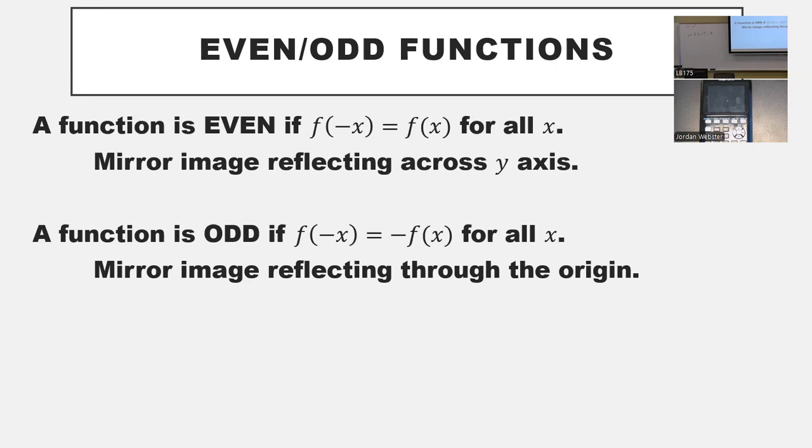And if you reflect through the origin, some other people would say across the origin, you get a mirror image. So if I plugged in a 2 and got a 16, you would be able to plug in a -2 and get a -16. That's an odd function.